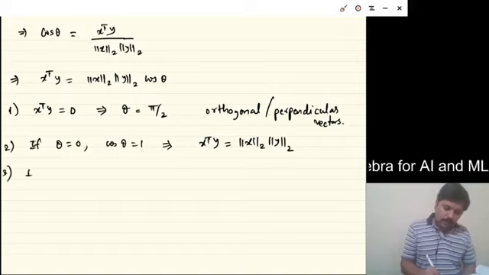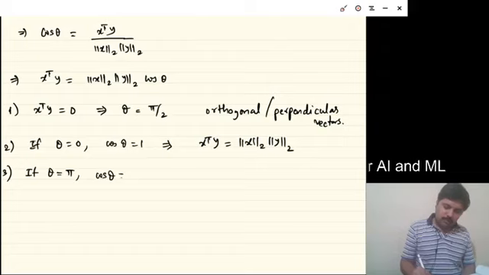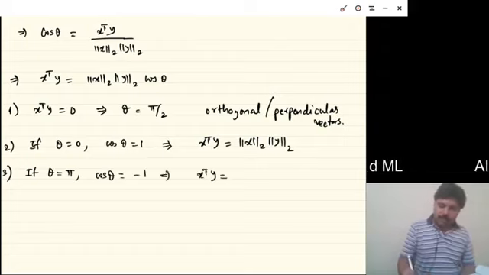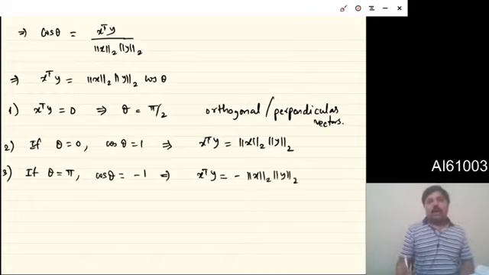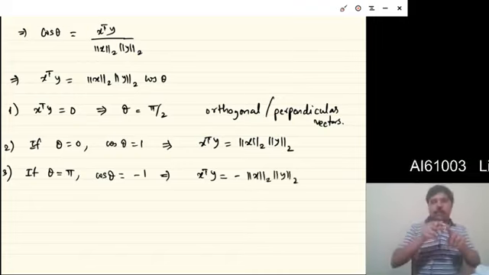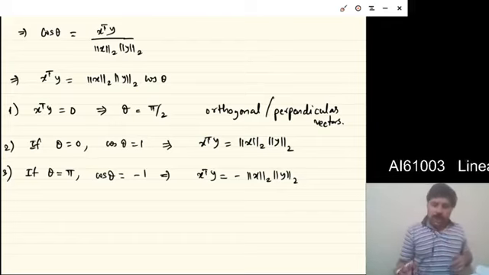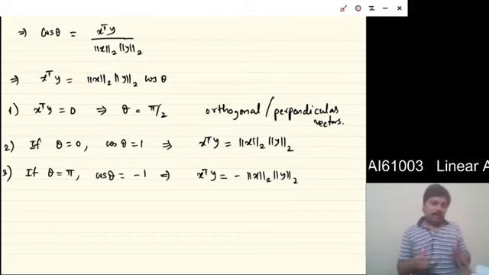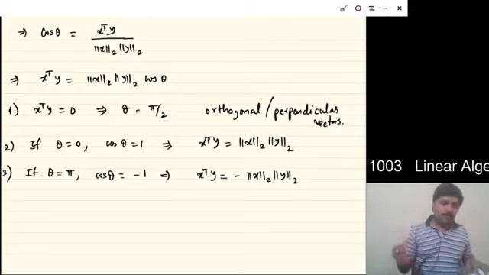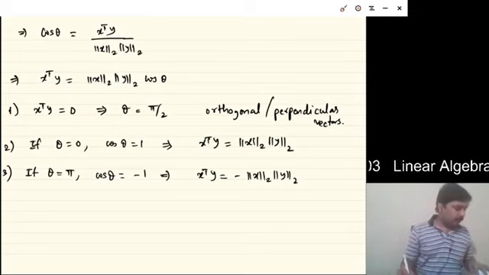And the second thing is that if theta is equal to pi, then cos theta will be equal to minus 1, which implies that x transpose y is negative of norm x into norm y. That means that the vectors are on the same line but in the opposite direction, and x transpose y is basically the product of norms with a negative sign.